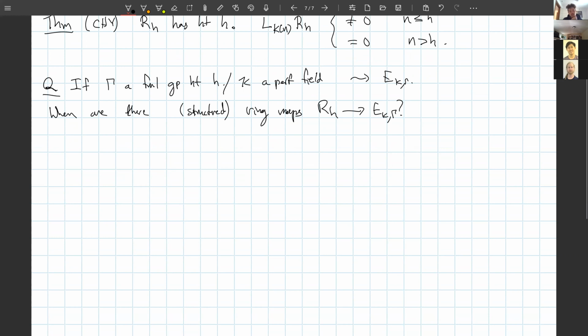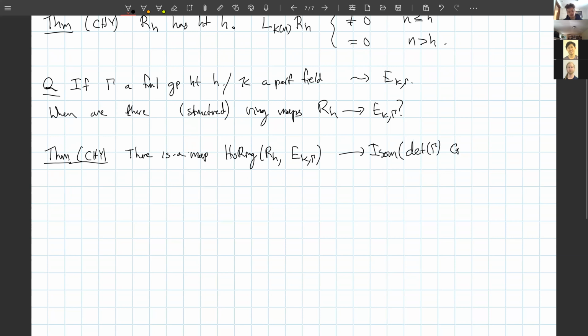So in particular, the first thing we check is that there's a map from homotopy ring maps from R_H to E_K(gamma) to isomorphisms from the determinant of gamma to G_m. Now, the determinant of gamma is a height 1 formal group no matter what, and all formal groups are equivalent after base change to the algebraic closure.